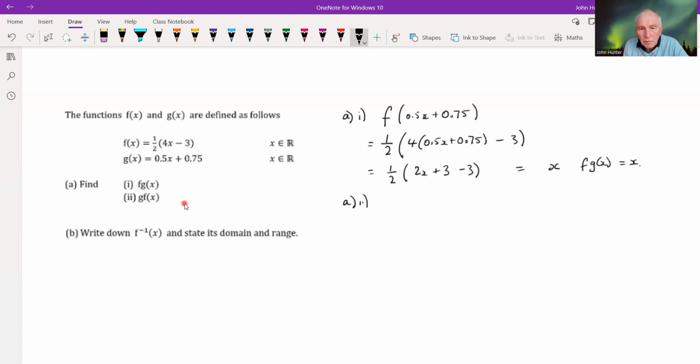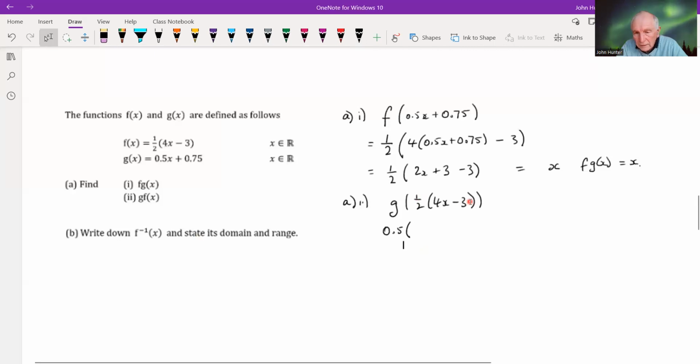Right, we're going to do it the other way around now. So we want g of f of x. So we're looking for g of f of x being this thing here. And then, of course, our g is this. So what we've got is 0.5, and our f of x is this bit here. So we've got 0.5 into 1/2 into 4x minus 3.